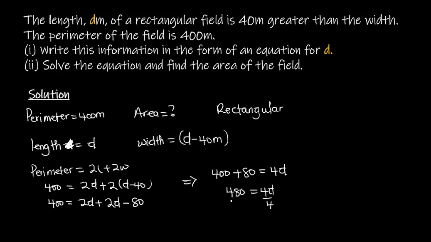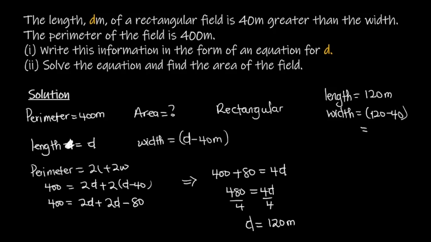So we divide both sides by 4, and then the value for D, which is the length of the rectangular field, will be equal to 120 meters. So it means that our length for this rectangular field is 120 meters. Our width will be equal to 120 minus 40, and that is equal to 80 meters.